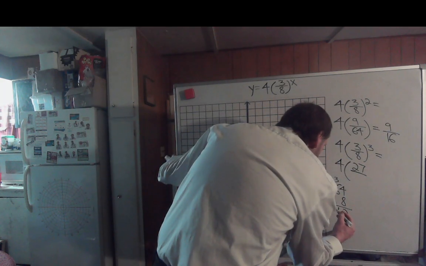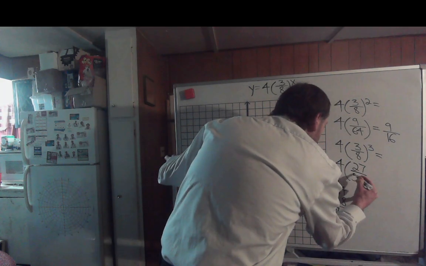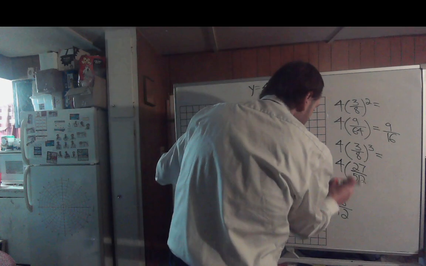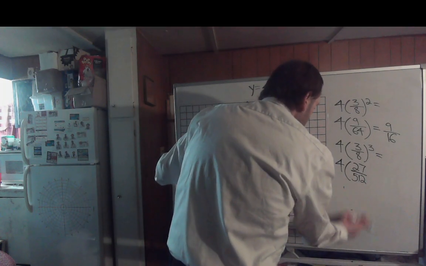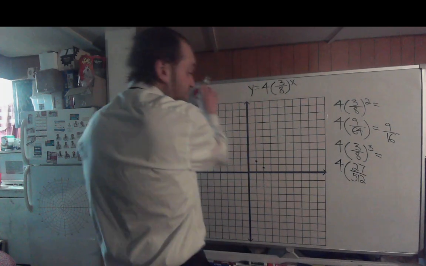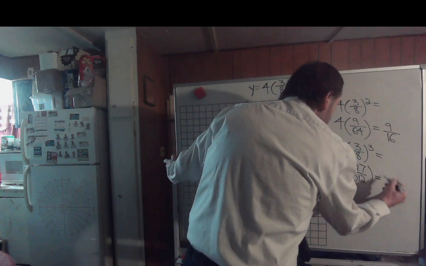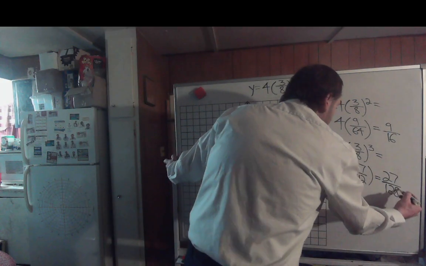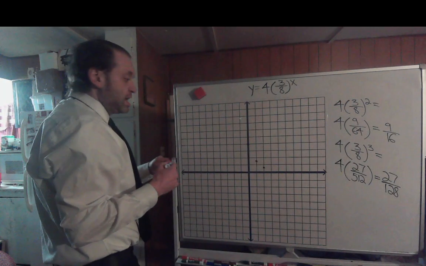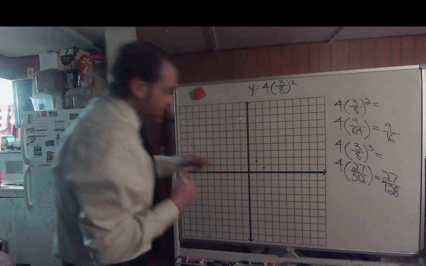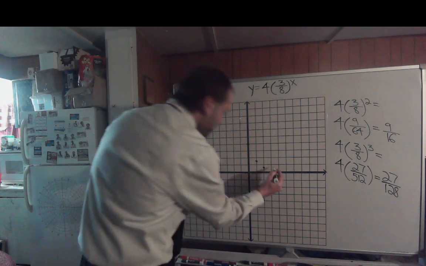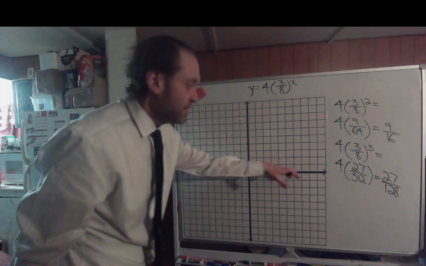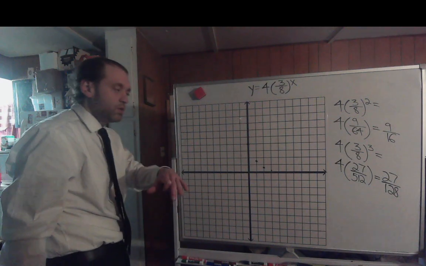That's 512. Okay, so that's going to be 108 over 512, which would be the same as 27 128ths. So when x is 3, that's pretty low, 27 128ths, and you see it keeps getting infinitely smaller, closer to 0.